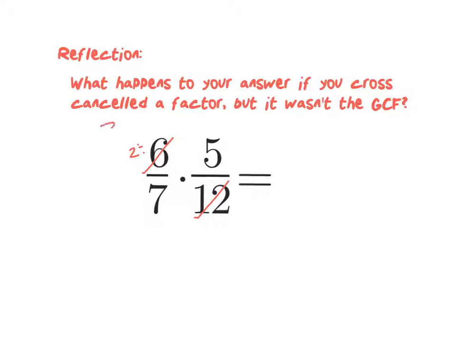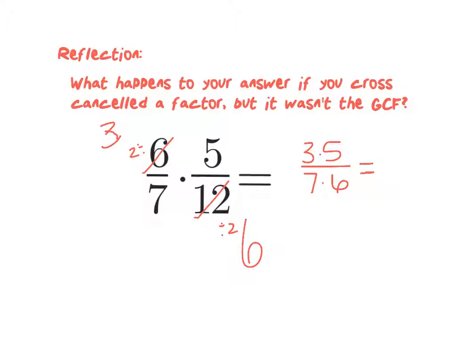So that left me with 3, and this left me with 6. So now I have 3 times 5 over 7 times 6. Okay? I want you to think about it. What happens? Go ahead and pause your video and type in what you think would happen.